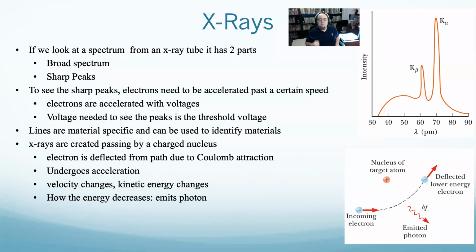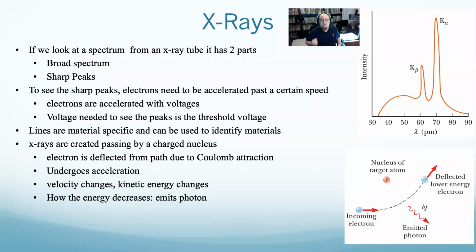When these fast-moving electrons approach the nucleus, there's a Coulomb force between the electron and the protons of the nucleus, and that causes these incoming electrons to be deflected. When they deflect, that means they turn. If things turn, that means they accelerate. And anytime you have acceleration, you have a change in kinetic energy.